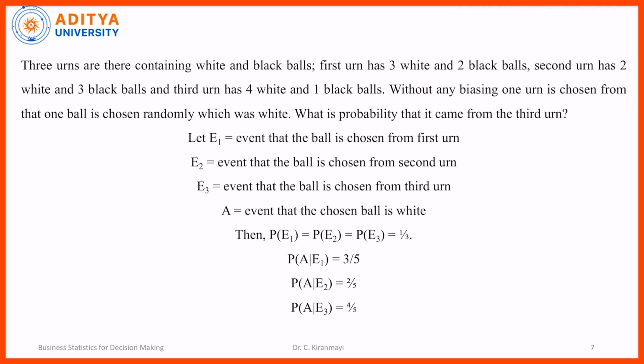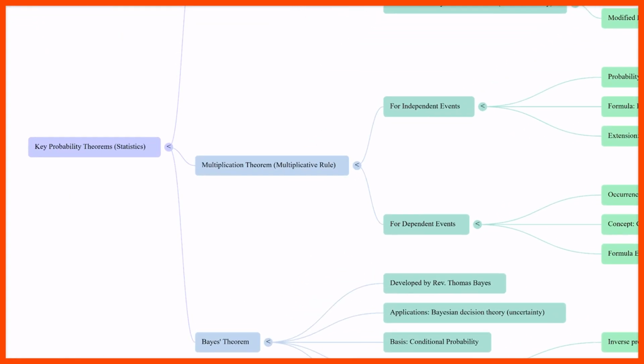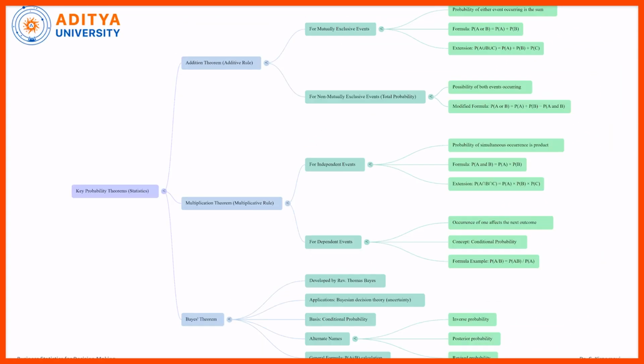Next, let me conclude whatever we have learnt about the theorems of probability. Altogether we have three theorems of probability: the addition theorem, the multiplication theorem and Bayes' theorem. Where do we use the addition theorem?